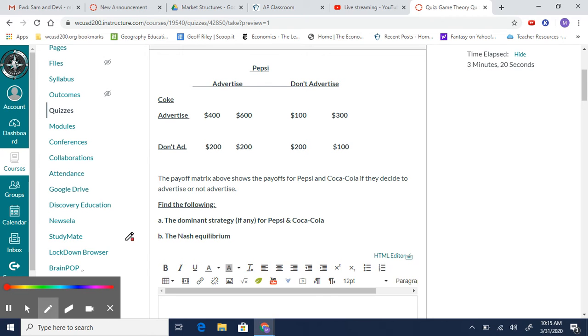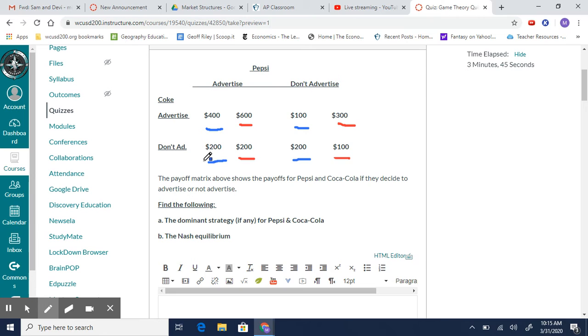So I'm going to try, and these are the choices for Pepsi. These, look at all the fun I'm having with this, are the choices for Coke. Okay, so Pepsi is the firm on top, Coke is the firm on the left.